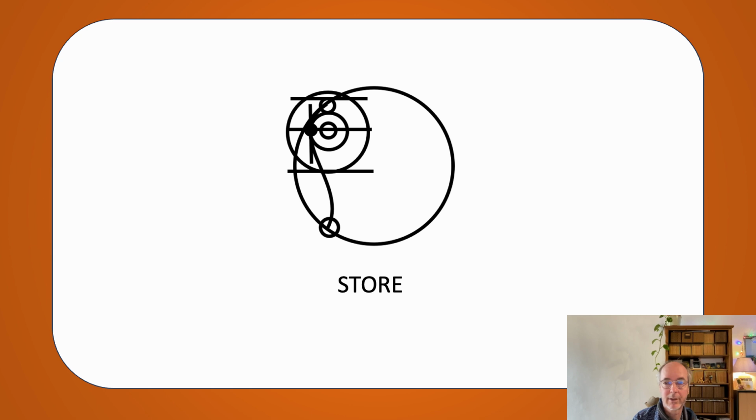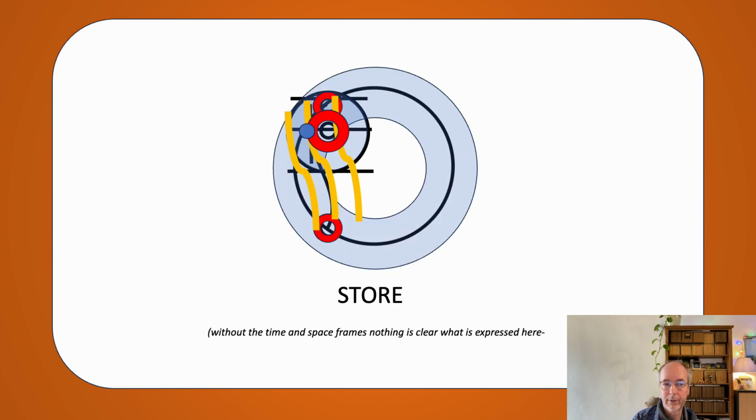Story is not immediately easy to recognize. Even if you emphasize it a little bit, without the time and space frames, it's not even clear what is here. You have the space, okay, you have the S, which means effect, T means a distinction on the place.